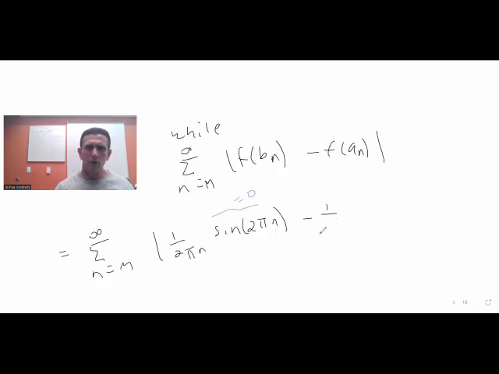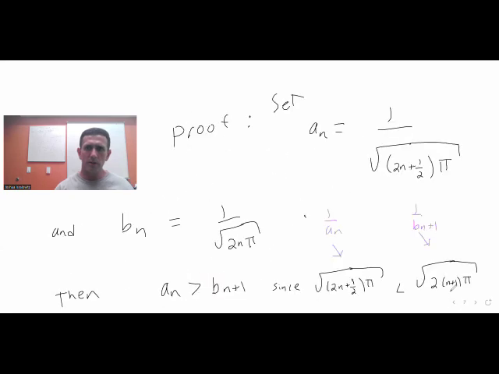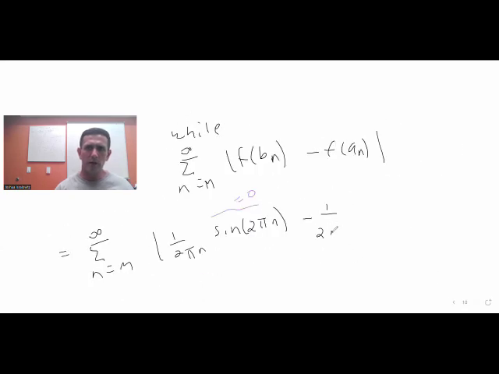So 1 over 2n plus 1/2 pi, sine of 2n pi plus pi over 2. Again, you better know what this is for each n. This is just 1. Sine's 2 pi periodic. So this is 0, this is 1.